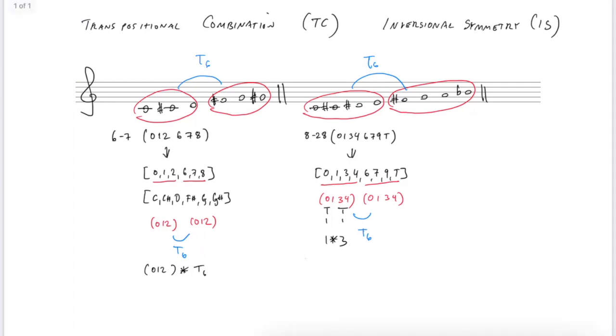Clearly hearable. In our notation, we could say, okay, well, this one is 0134 asterisk 6. You know, I need to fix this mistake right here. I should have just written 6. I know it's T6, but you just write it like that.